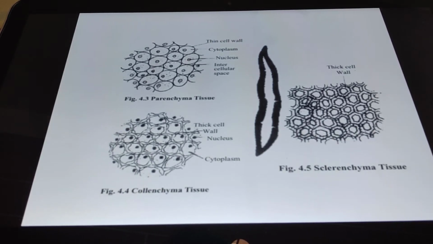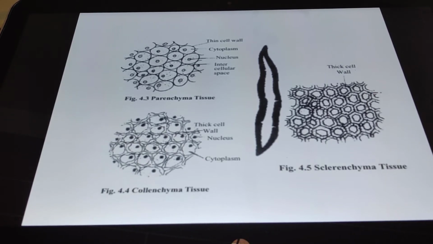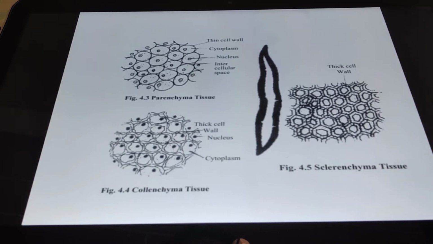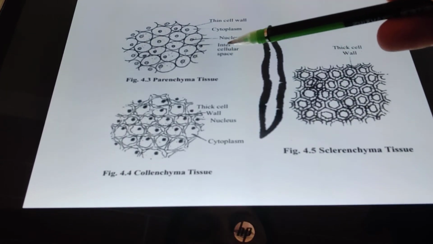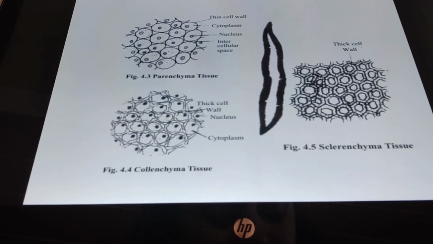Intercellular space means the space between two or more cells. The main function of parenchyma tissue is that it gives support to the plant and also stores food, in the form of nutrients and water.